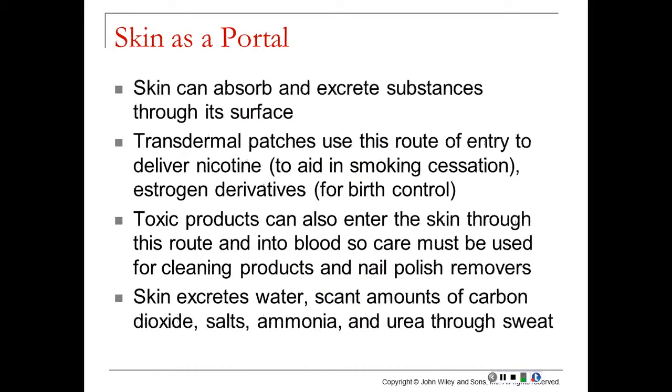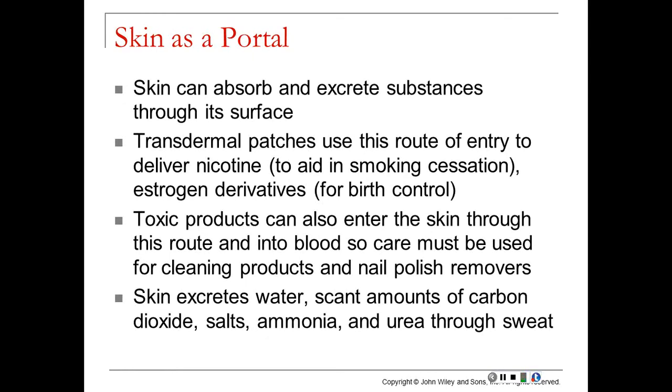The skin can actually absorb and excrete substances through its surface. We talked about how most secretions, such as sweat and oil, are also going to secrete cellular debris and waste products. And so transdermal patches use this point of entry to deliver things like birth control as a type of estrogen, or nicotine to help aid in cessation of smoking.